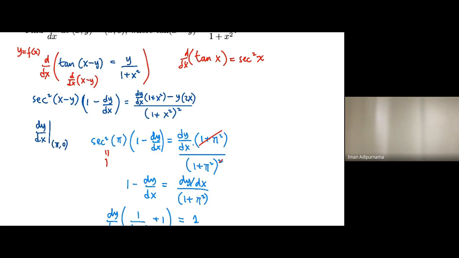So 0 here is going to remove y, and then pi here, secant squared pi, it's squared, so it's just 1. So 1 minus dy/dx, and then we have 1 plus x squared, it's 1 plus pi squared, precisely the same form. We can remove it and just simplify.